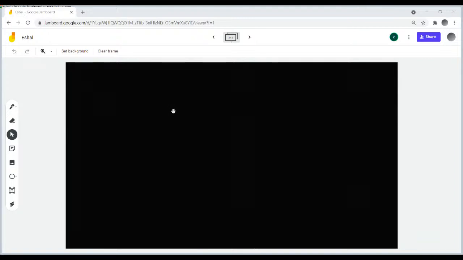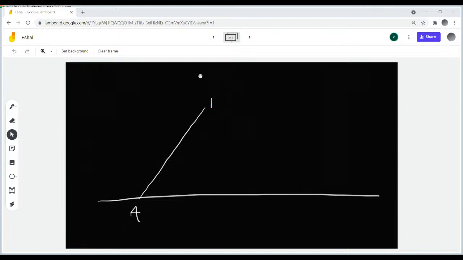This is the surface, and we have got wavefront AB. Okay, so the angle of this wavefront is, let's call it I, angle of incidence.